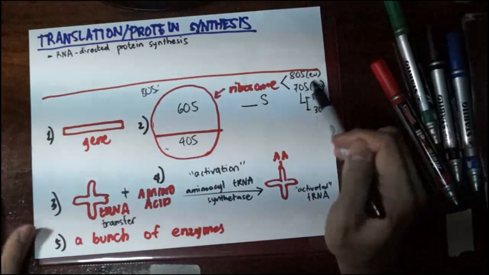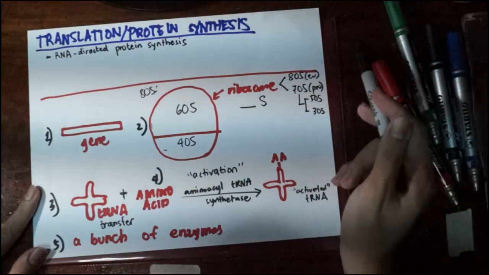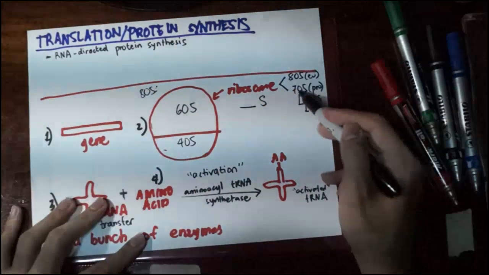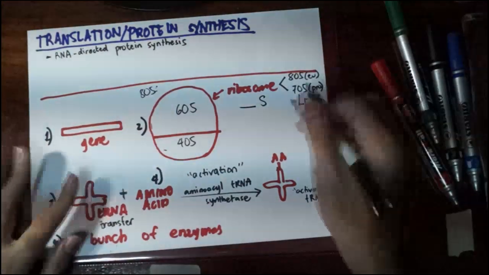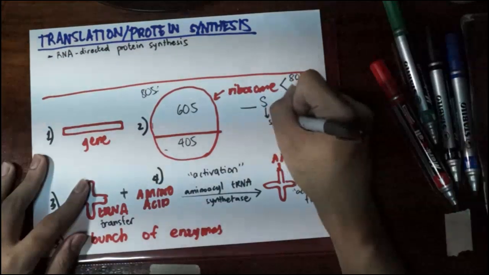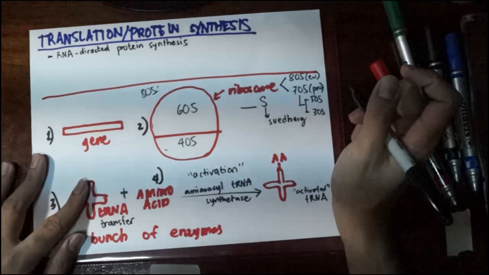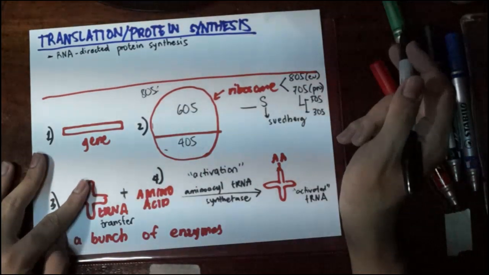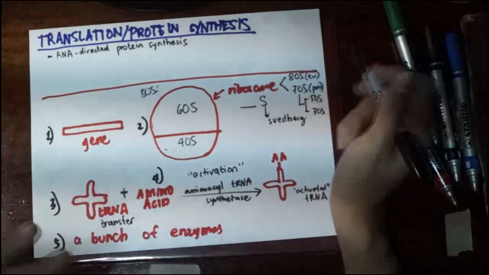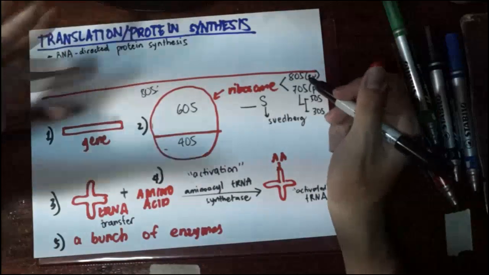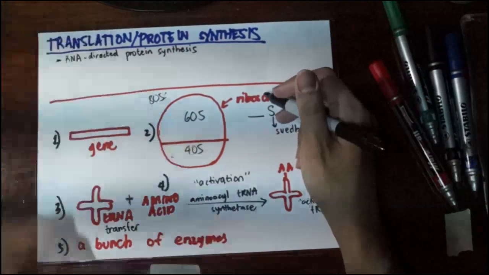You would see there that the 80 is not the sum of 60 and 40, as well as 70 not being the sum of 50 and 30, because it's not really like that addition. The S stands for Svedberg. It's a unit of sedimentation. It designates the degree of settling or sedimentation of the ribosome, based on centrifugation.